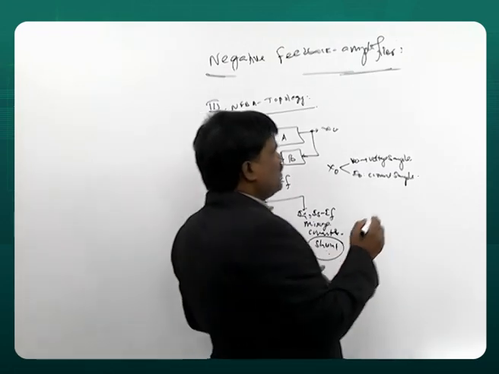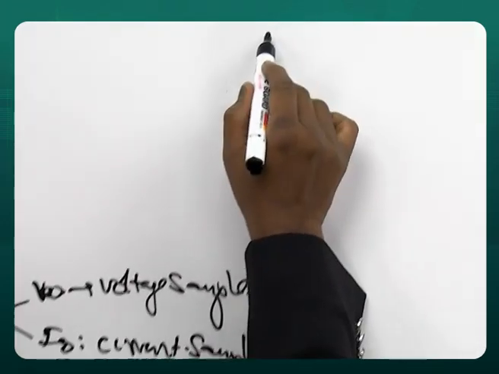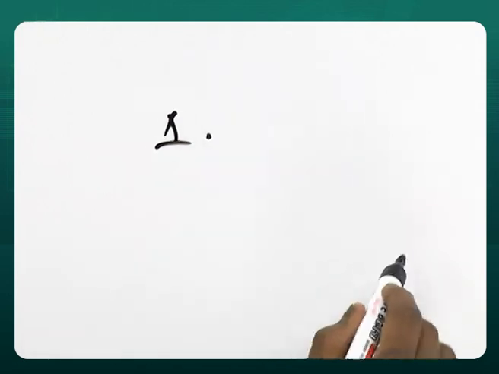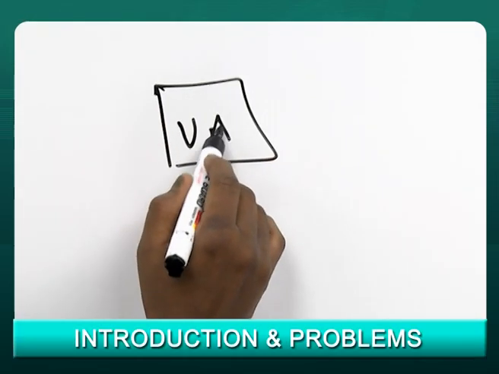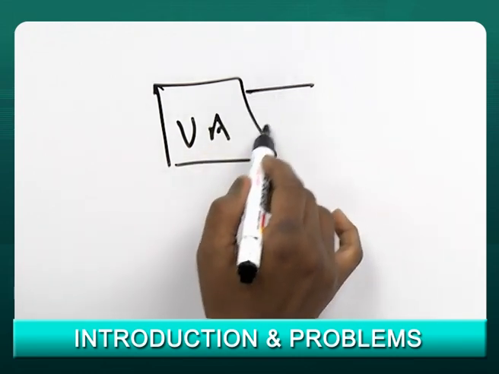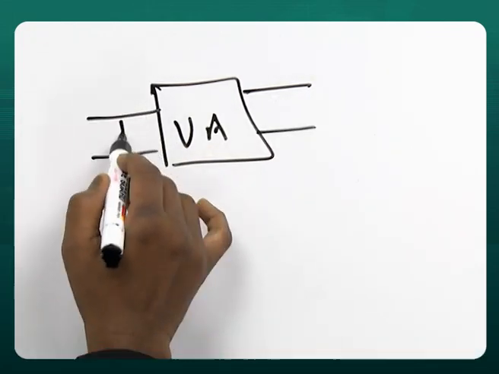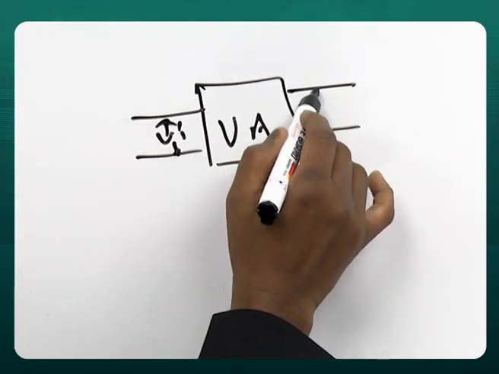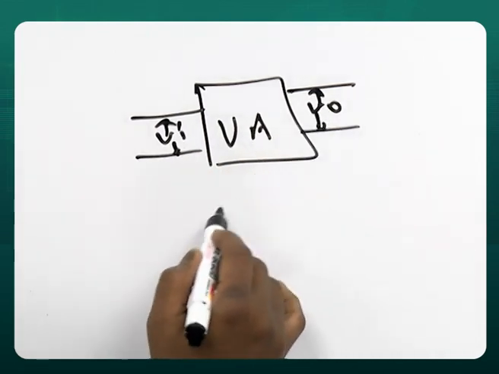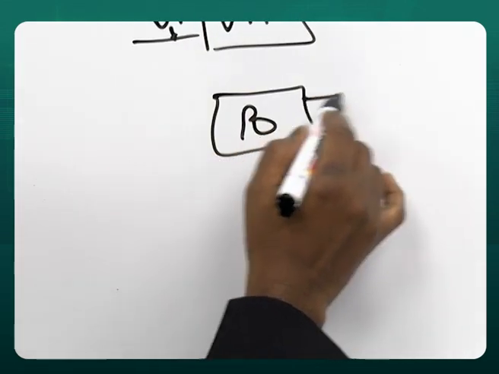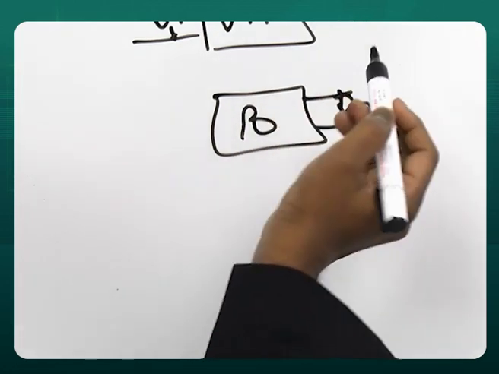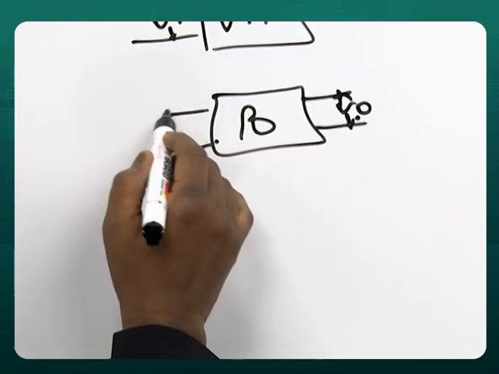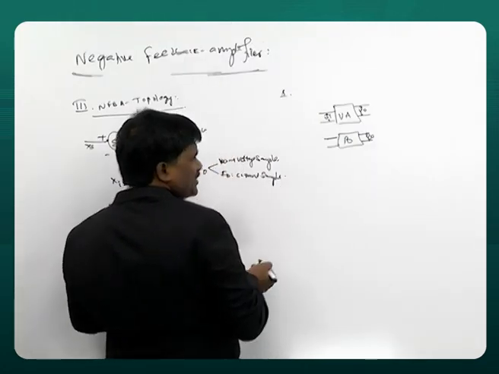Like that, I am going to make one topology now. The first topology, let me try with you. You follow me. This is a voltage amplifier. Input is Vi, output is V naught. The same voltage should come here, like this.